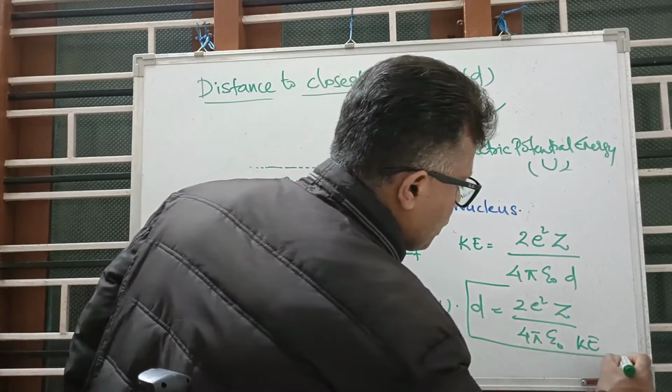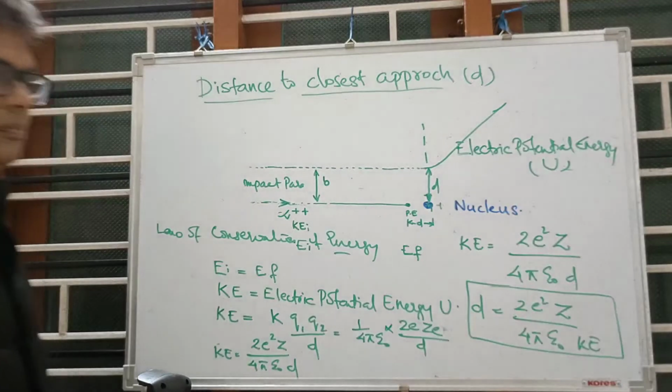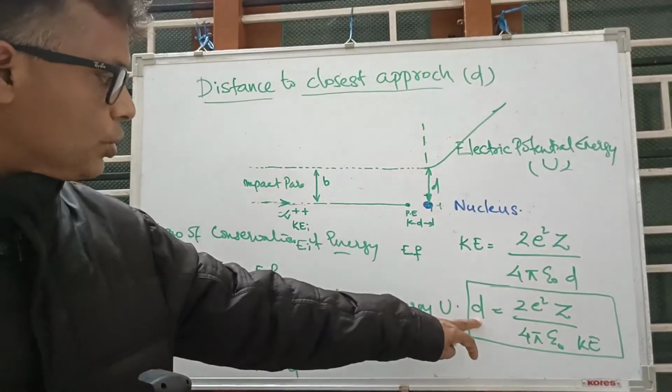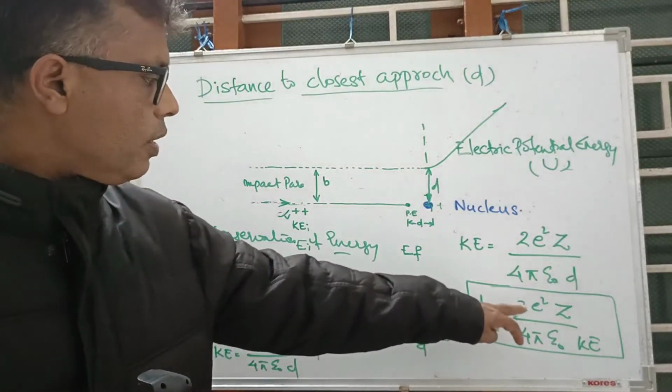This is very important. Distance of closest approach D is equal to 2.